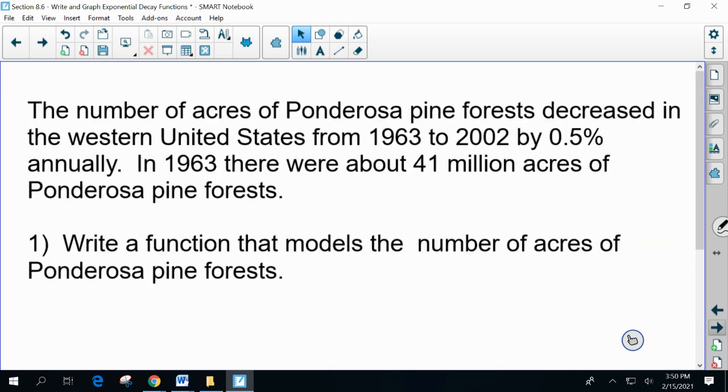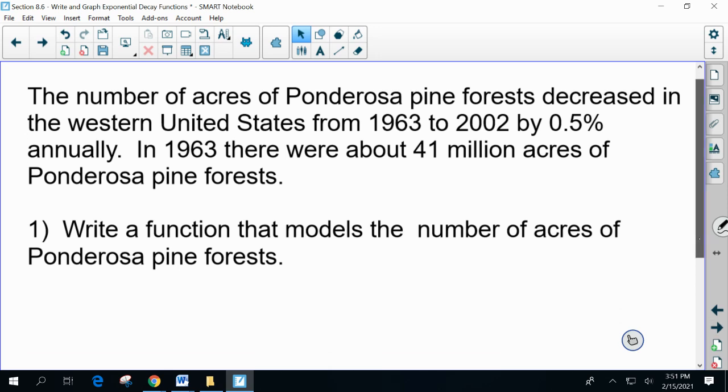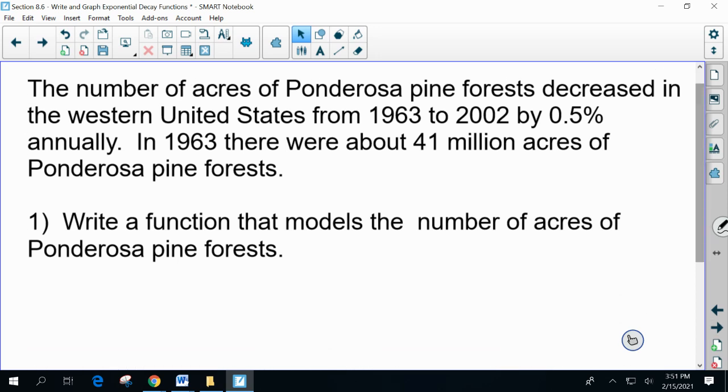Okay, so the number of acres in Ponderosa pine forest decreased in the western United States from 1963 to 2002 by 0.5% annually. In 1963, there were about 41 million acres in the pine forest. Write a function that models the number of acres in the pine forest. So we have 0.5%. If we change that to a decimal, it would be 0.005.